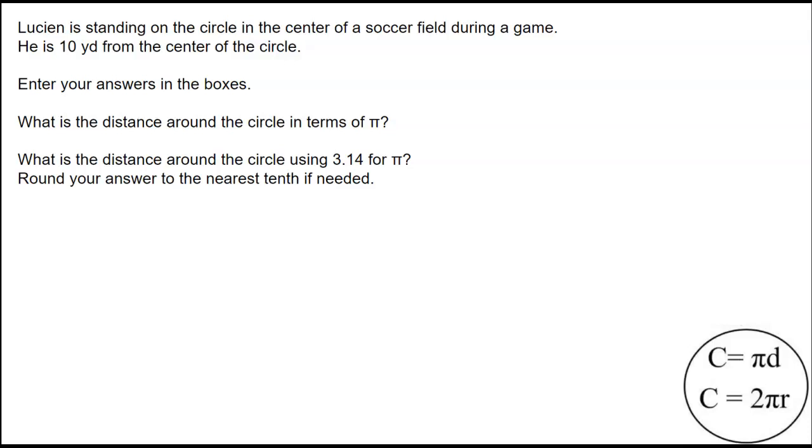So here I'm going to go ahead and set it up. It tells me that Lucian is in the center of the soccer field and 10 yards from the center. So that tells me that the radius is 10.